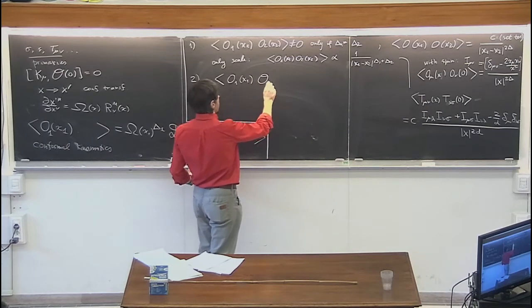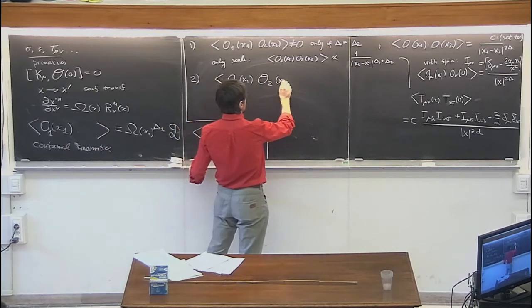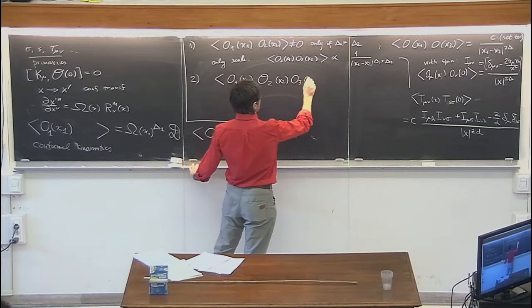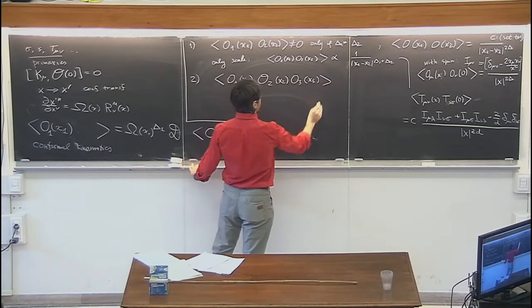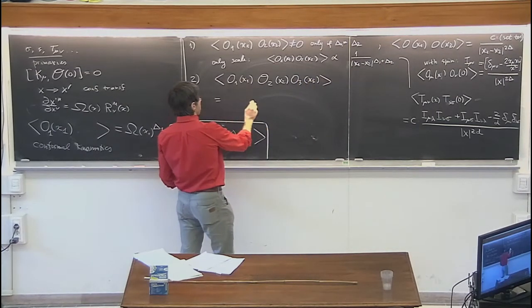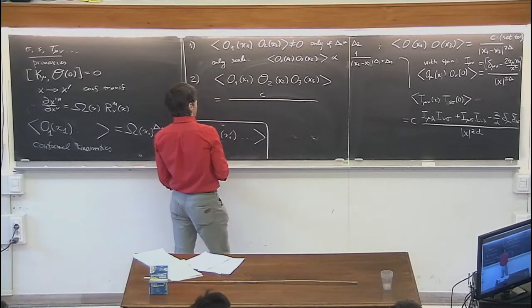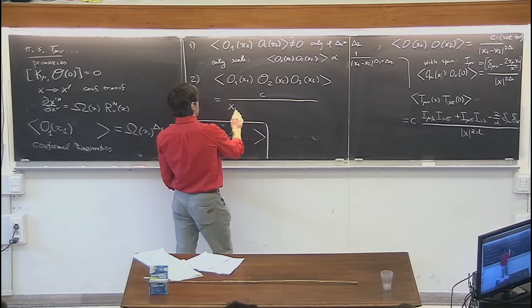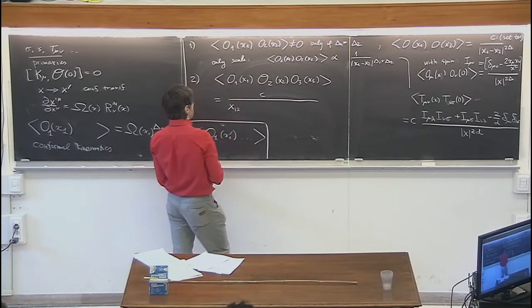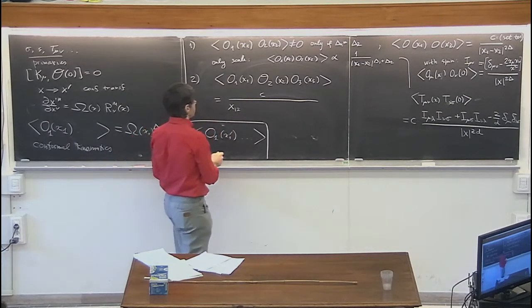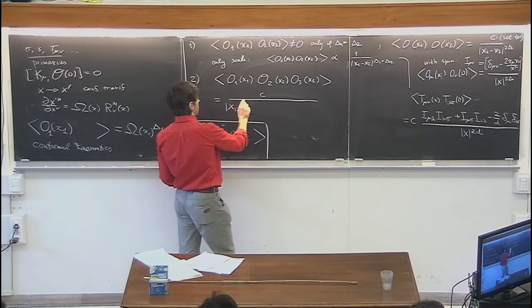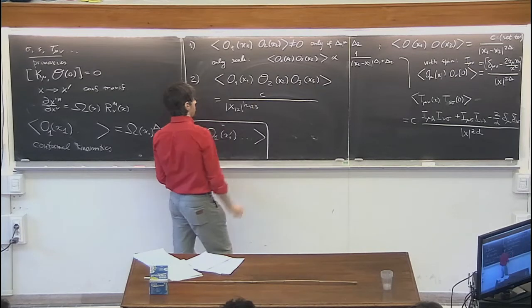Let's first do scalars: the correlator of O1 x1, O2 x2, O3 x3 is equal to some constant divided by x12 to the power h12... Here x1, 2 stands for the distance between points x1 and x2. And here I'm going to introduce a number h1 to 3.